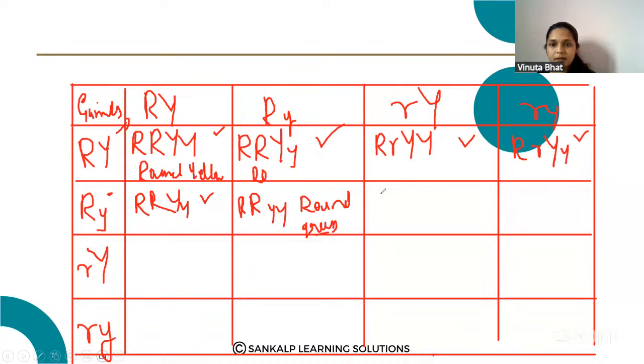Next one, capital R, small r, capital Y, small y. That is also round yellow color seed producing plant. Then here capital R, small y, small y.